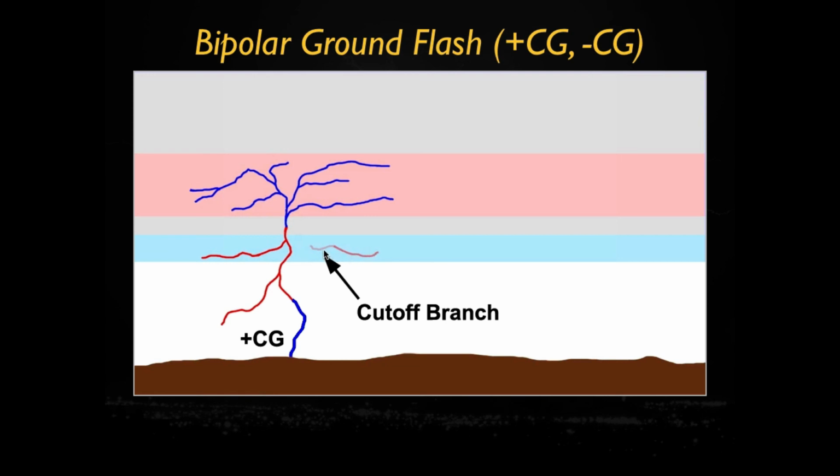It later develops a recoil leader whose negative end propagates back towards the main channel. But now the main channel has decayed and is no longer luminous, but still somewhat conductive, so it reaches this channel, and the negative end, instead of going up into the upper negative leader network, which is now decayed, goes down and travels down that conductive path, causing a negative CG return stroke.